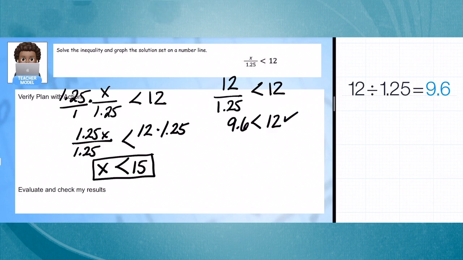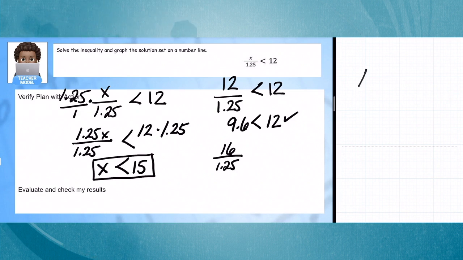Let's try a number greater than 15. I tried one that's less. Let's try 16. Okay, 16 divided by 1 and 2500ths. Ooh, here we go. Is equal to 12 and 8/10.